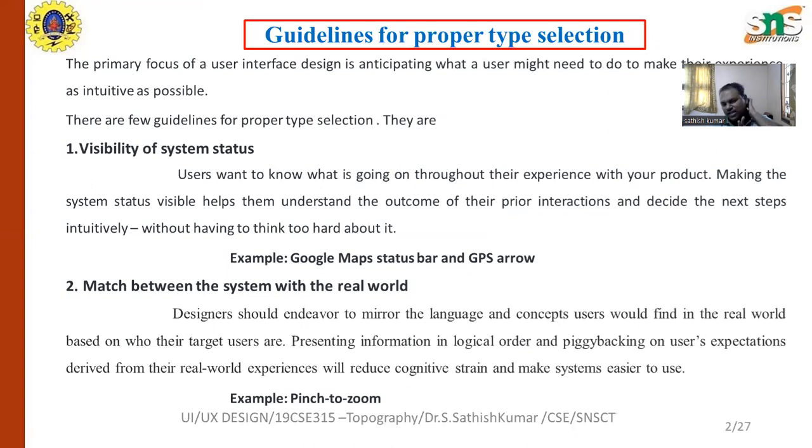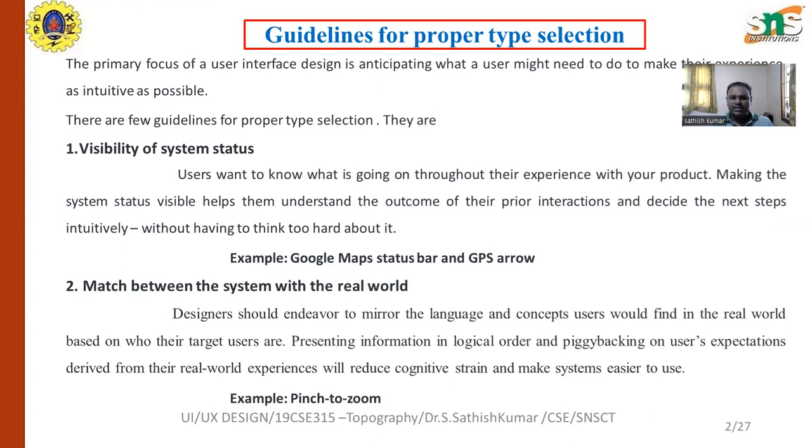Proper type selection is nothing but selecting the proper web page, where a user wants to know what is going on throughout their experience with your product. The user will be analyzing our web page.